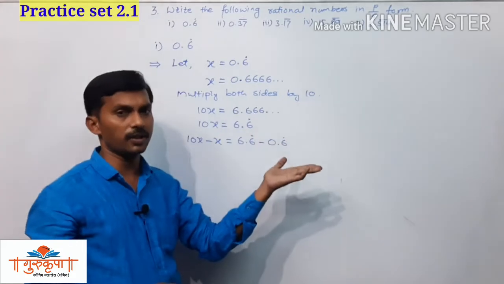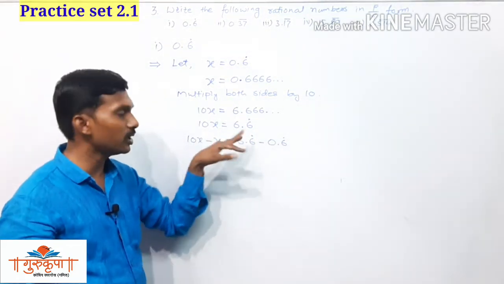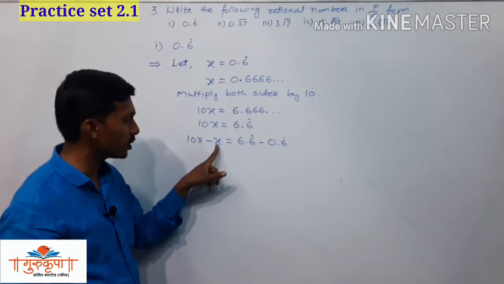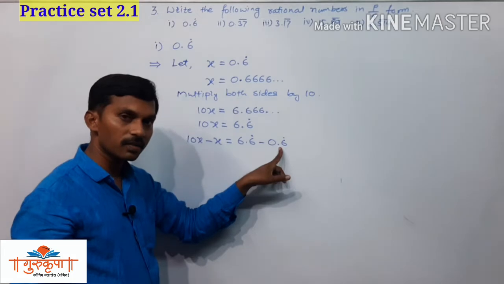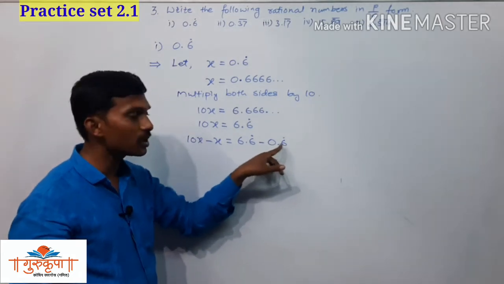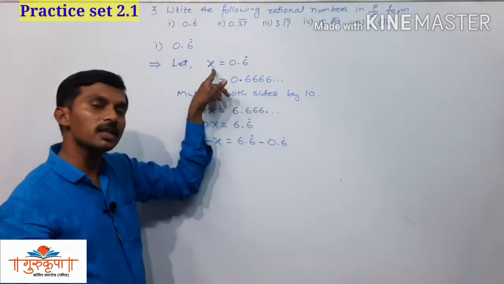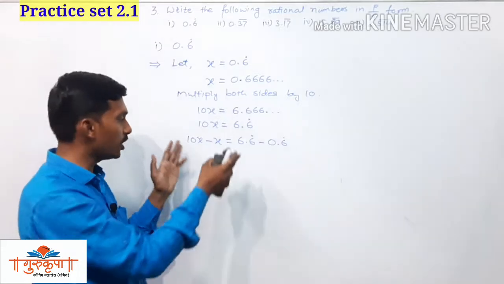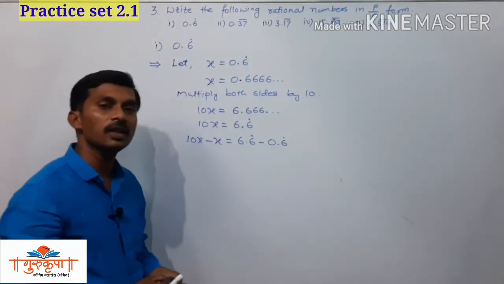Here from 10x we subtract x, and from the right side we also subtract x, which is 0 point recurring 6. What is 0 point recurring 6? It is nothing but x. So the same number is subtracted from the LHS and the RHS.